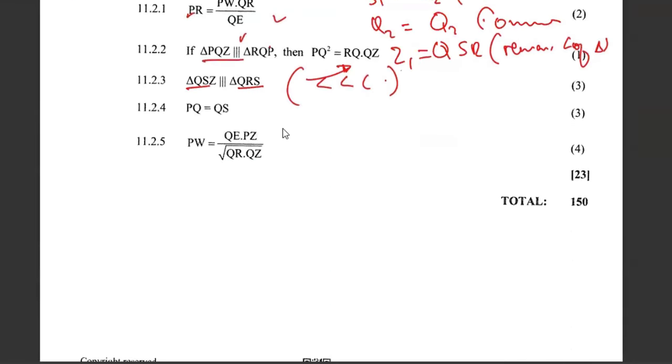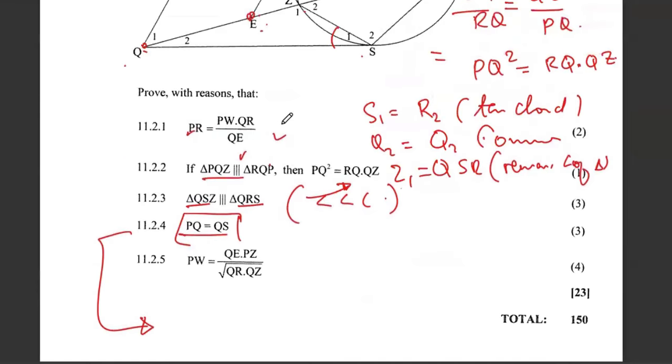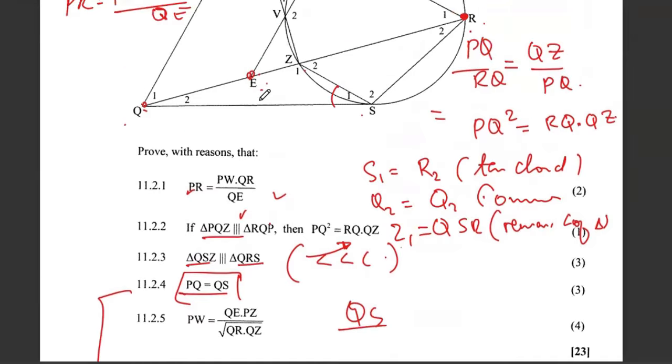And then 11.2.4, can we prove that PQ is the same as QS? Now, if we look at the triangles that we've just proved similarity, we can say that if we get the QS, we are dividing it by the QR, should give us the same value as someone that uses the QZ over the QS.